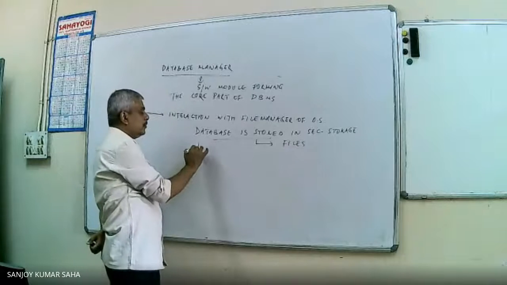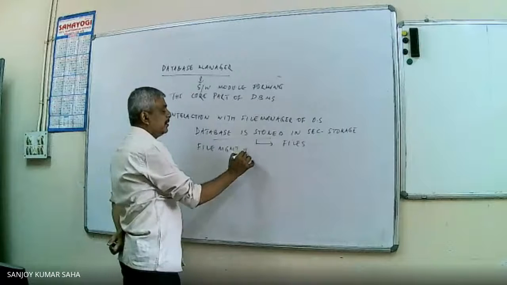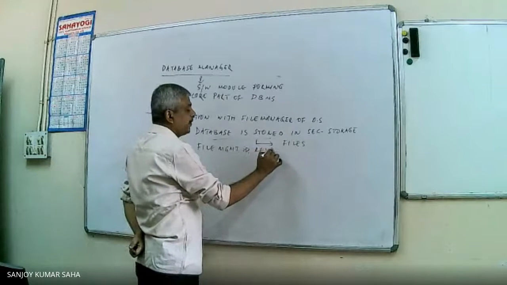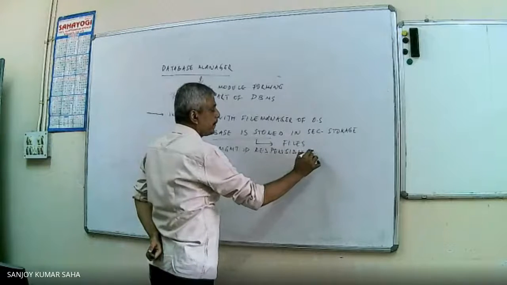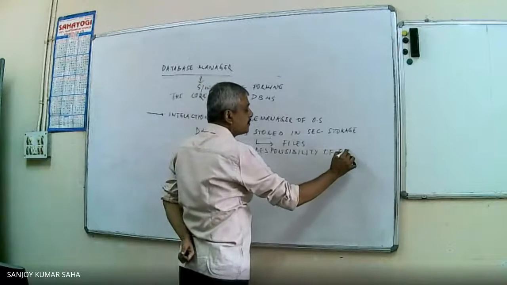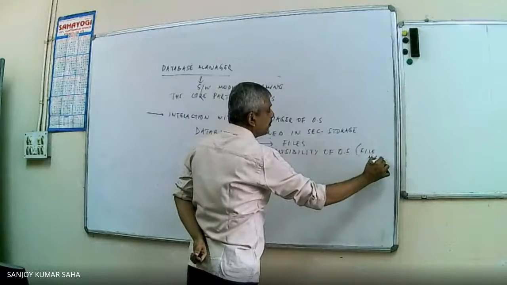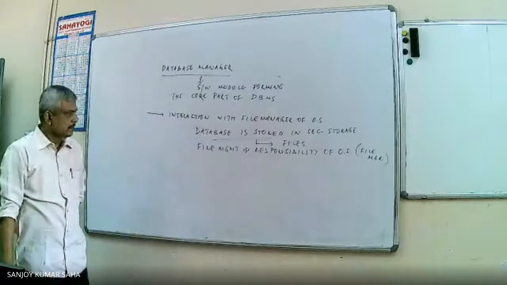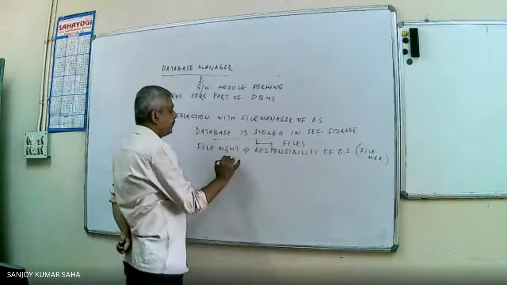So this file management is the responsibility of the OS, that is the file manager part of the OS that you have studied already. The file consists of so many disk blocks.